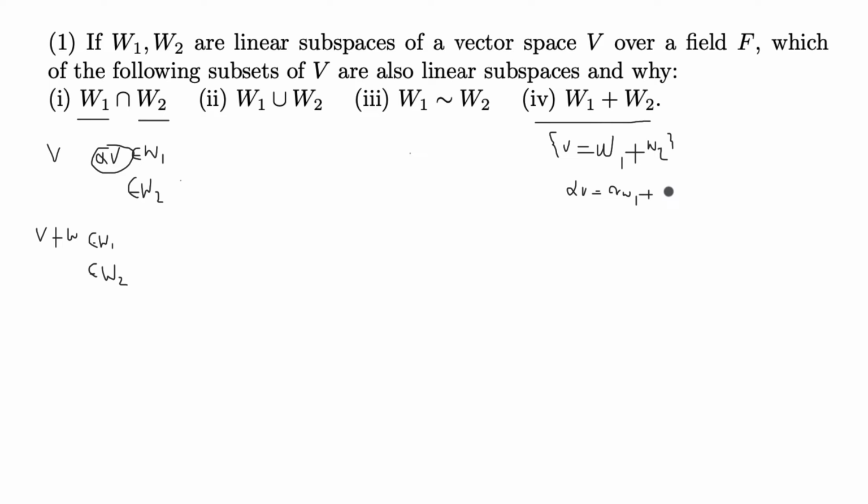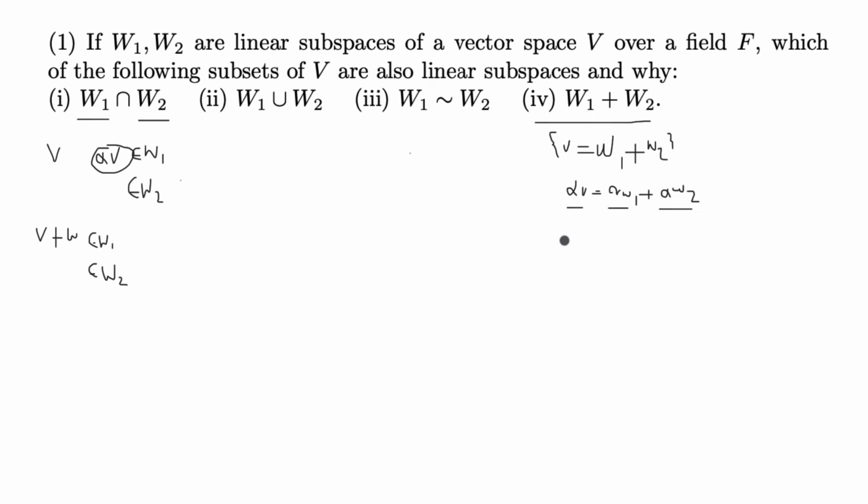But we note that alpha w1 is in big W1 because big W1 is closed under scalar multiplication, and alpha w2 is in big W2 because big W2 is closed under scalar multiplication. Therefore, these are vectors from W1 and W2 respectively, so this sum is inside the subset described by W1 plus W2. Therefore, alpha V is also in that because it's the same thing as this. The zero vector is clear because it's in W1 and it's in W2, and zero vector plus zero vector is zero vector, so it's there.